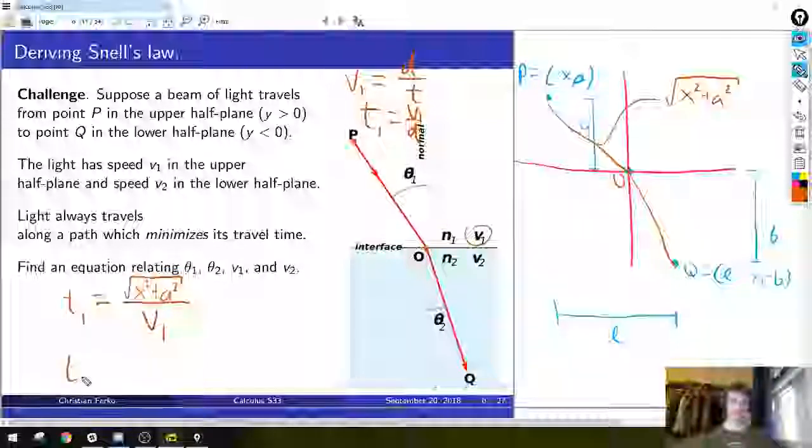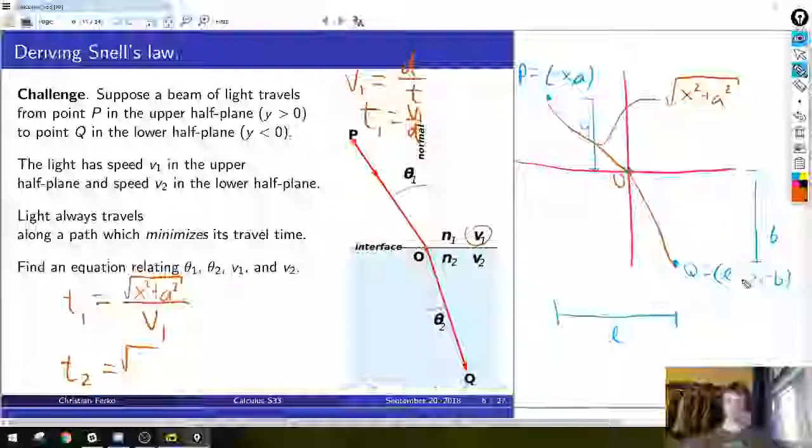Good. Okay, but there's a second piece, because now the light also has to travel from the origin O to the point Q, whose coordinates we also know. So how much time T2 does it take the light to move from O to Q in the same way? Similarly, this can be represented by the square root of L minus x squared plus b squared.